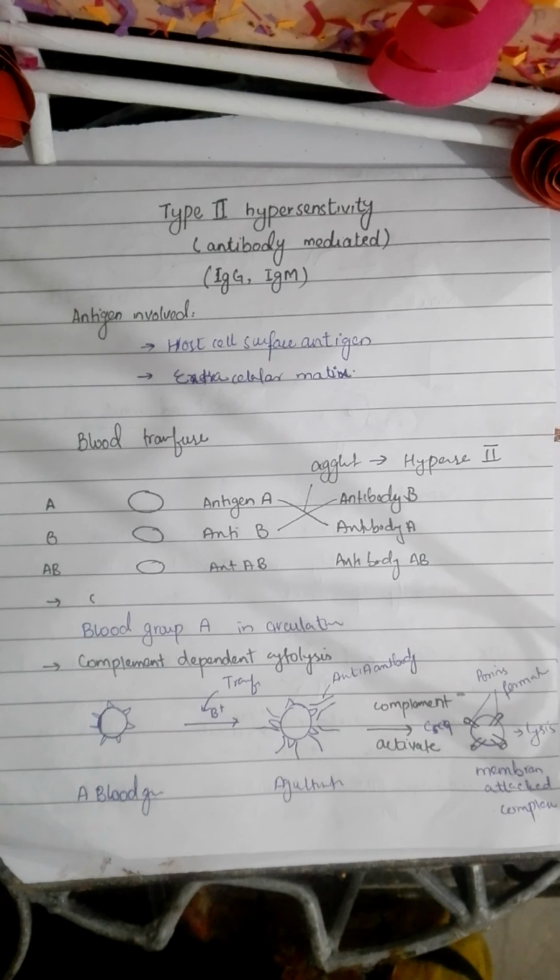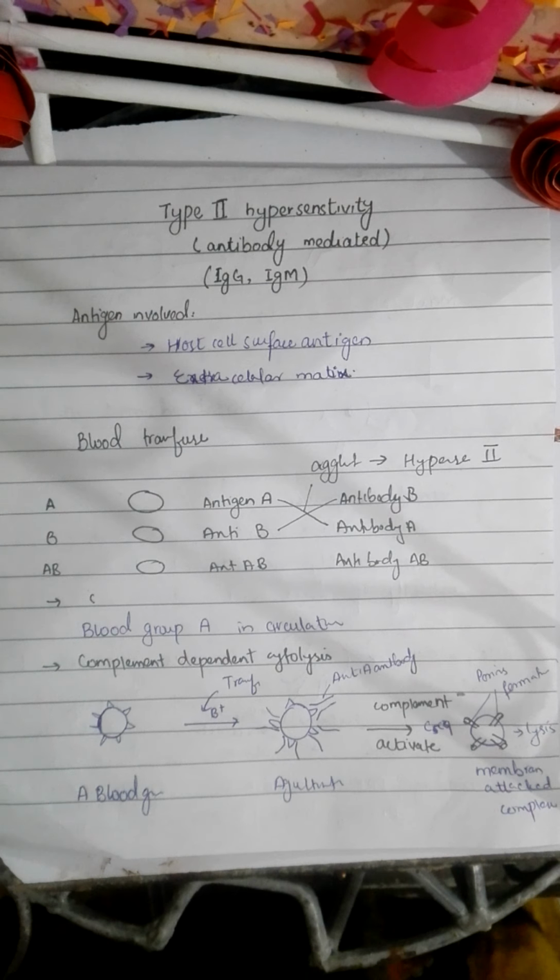The most important example I will discuss is blood transfusion. When we transfuse blood from one person to another, we check the antigen antibody complexes.